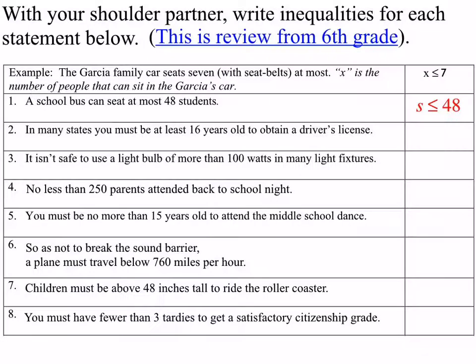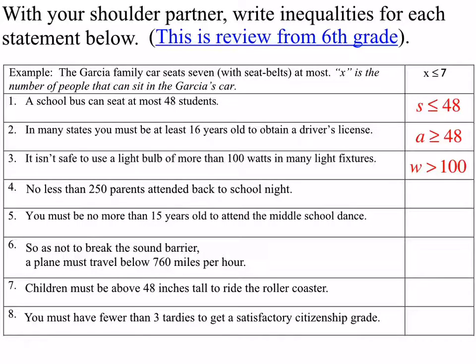All right, so number 2, in many states you must be at least 16 years old to obtain a driver's license. That could be interpreted as A is greater than or equal to 48. Number 3, it isn't safe to use a light bulb of more than 100 watts in many light fixtures. That would be something like W is greater than 100. Some of you may have thought it was talking about when it is safe.